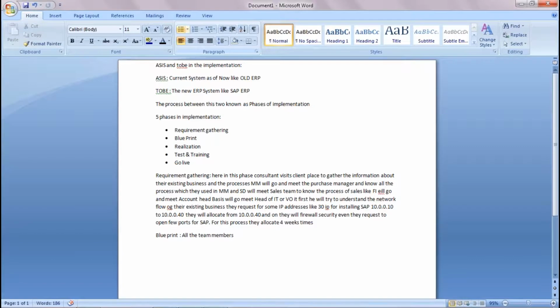Here what happens is all team members gather at their own office and try to share information and findings about the project, and they have a detailed discussion on the processes.